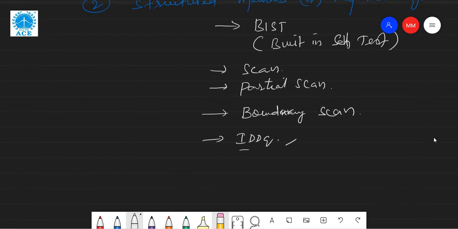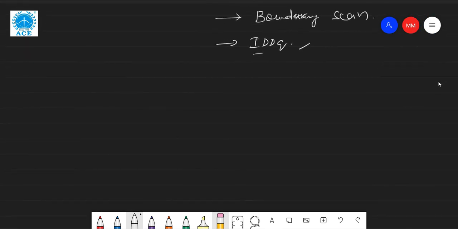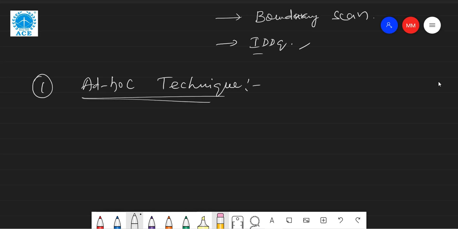So the first one is the ad hoc technique or method. As the name suggests, this ad hoc technique is used for specific designs.